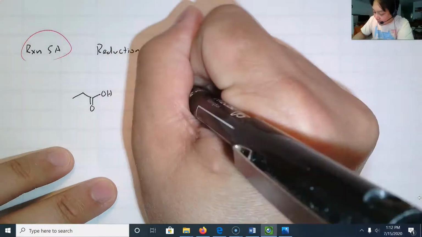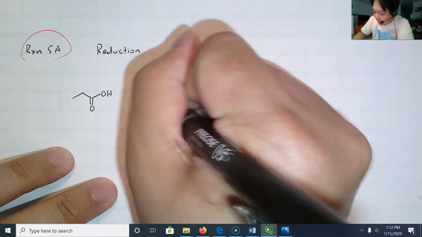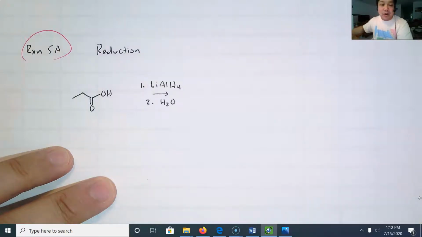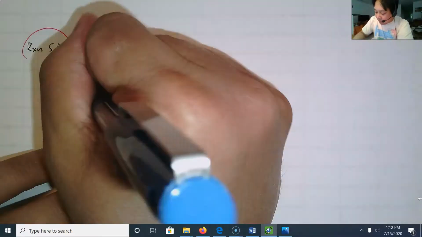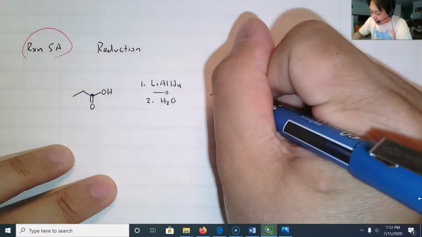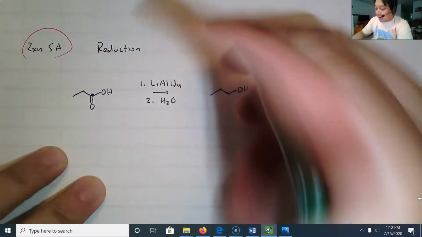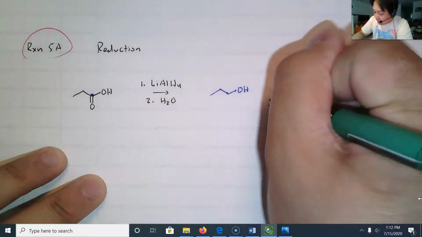First LiAlH4, followed by either water or acid. People just use water. Locate the carbon of the carboxyl group and attach a hydroxyl group, and you're done. You go to a primary alcohol.